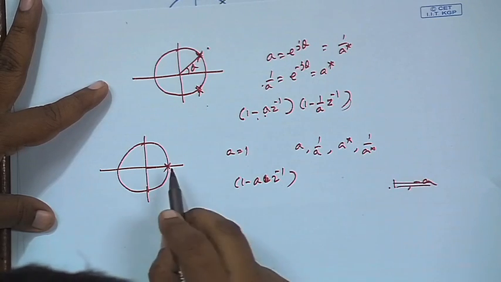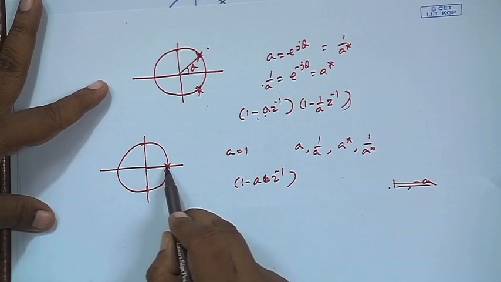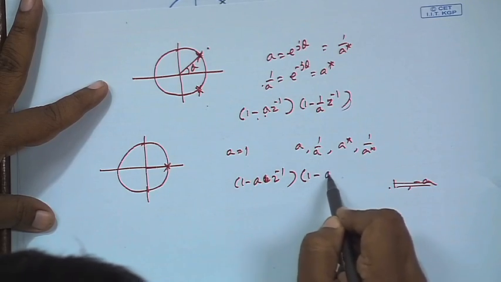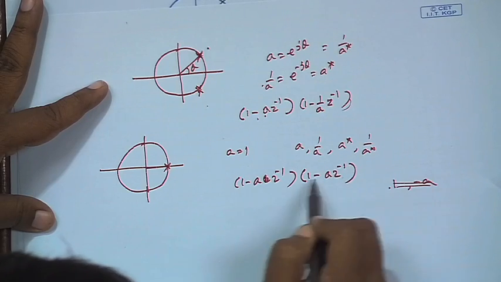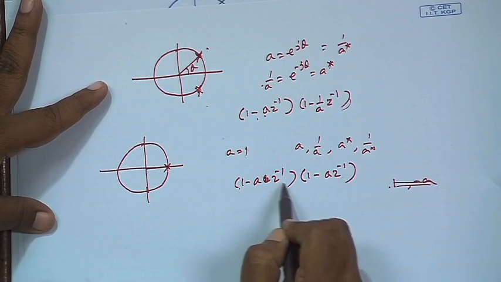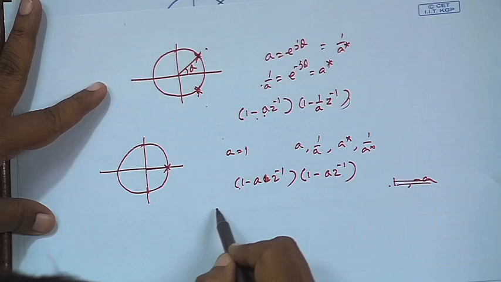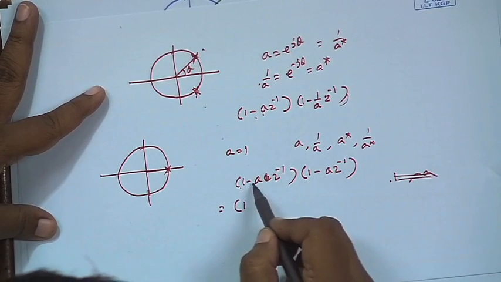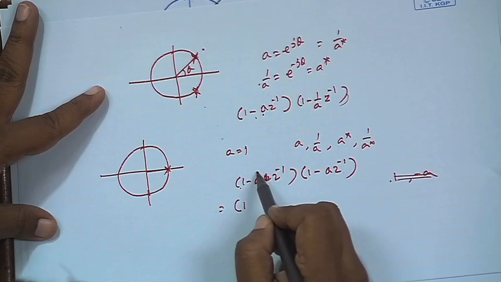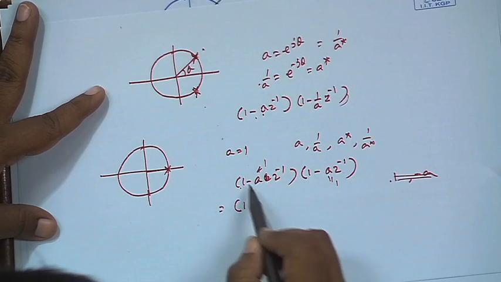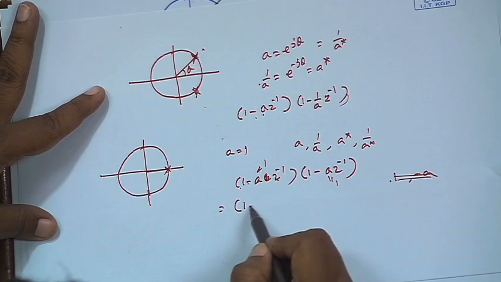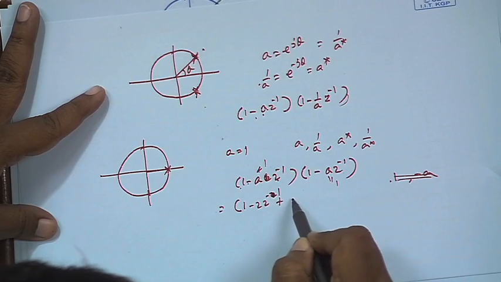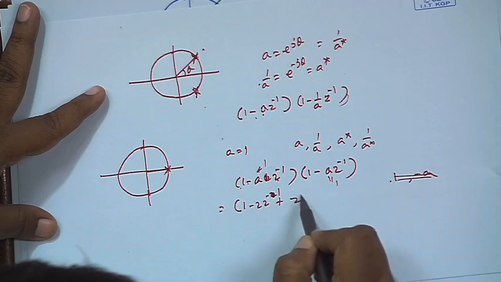Therefore, in this case, if A is here, then there must be one more term. This 1 minus A z inverse should repeat, because then, with A equal to 1, you will have 1 minus z inverse, 1 minus z inverse, that is 1 minus 2 z inverse plus z inverse squared.